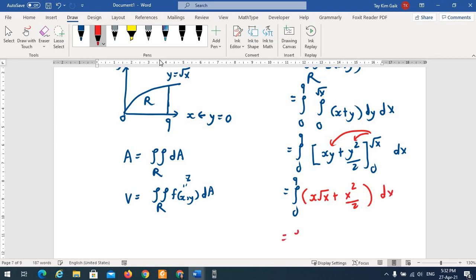Then you can simplify it. x to the power 1 times x to the power half, so the total is x to the power 3 over 2, plus x over 2. You can just use a scientific calculator to get the answer. Because it is the square root of x squared, this is only x and not x squared.